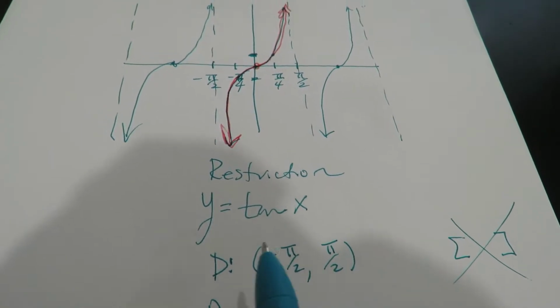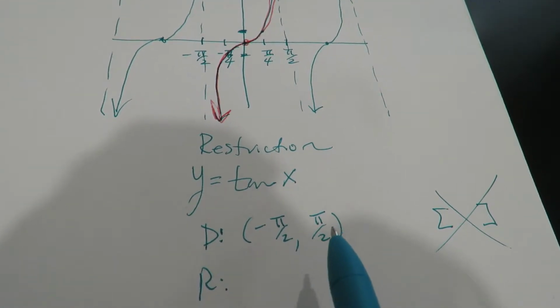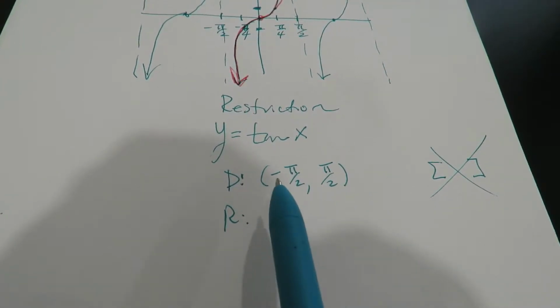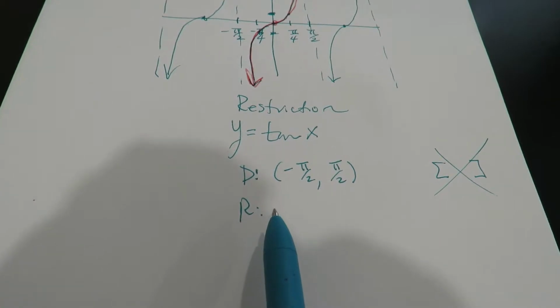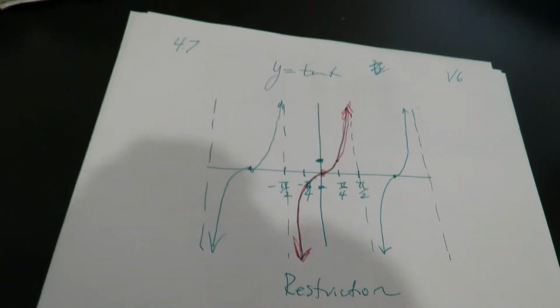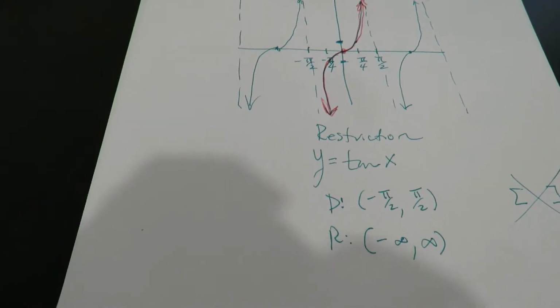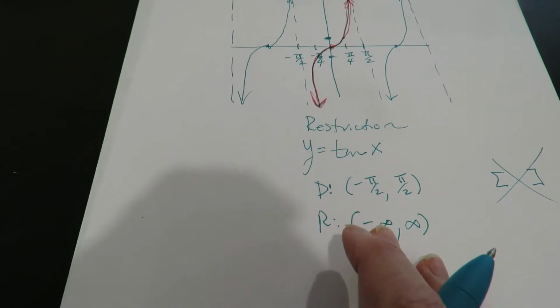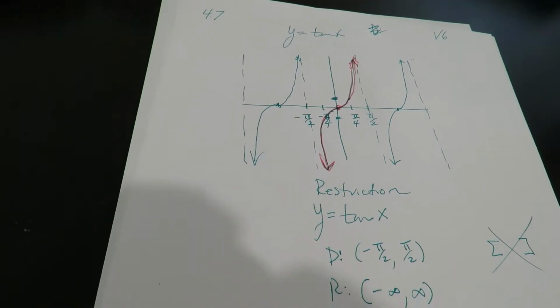So this one has a modification that the other two functions we did don't have, where it has to be open on the ends of this domain. The range for this one goes to positive infinity and negative infinity. So that is the restriction, and under this restriction, this graph has an inverse.